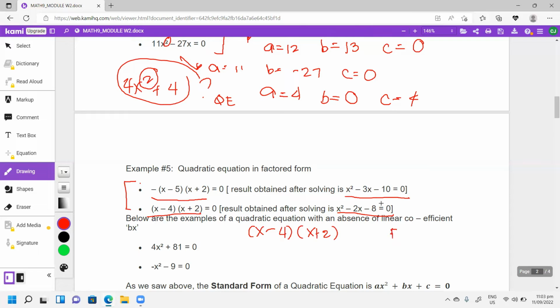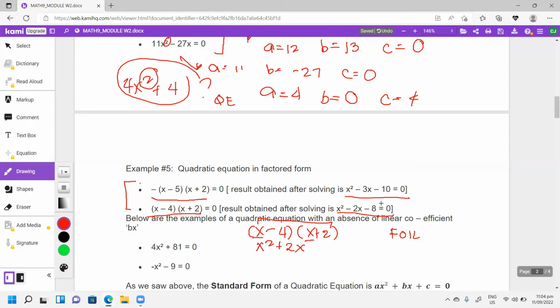Remember the FOIL method in multiplying. F stands for first term. So x times x is x squared. Then O stands for outer term. So x times 2 is equal to positive 2x.